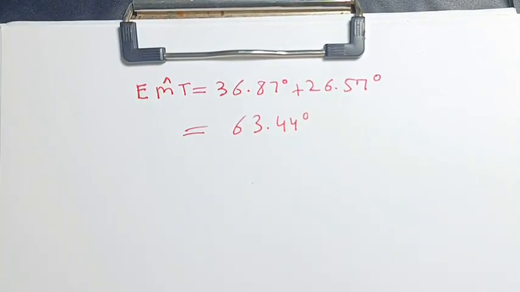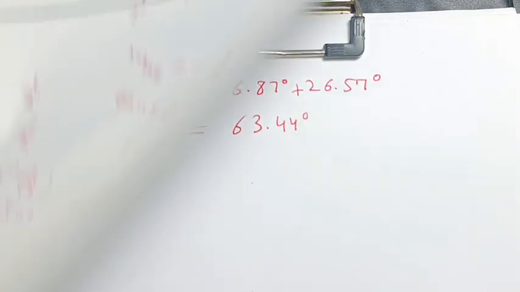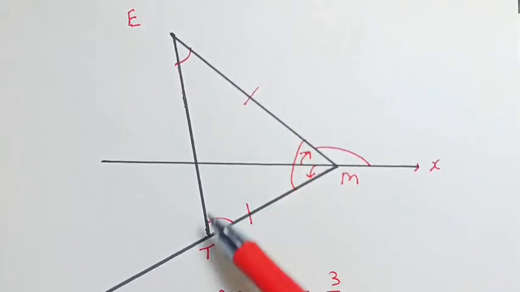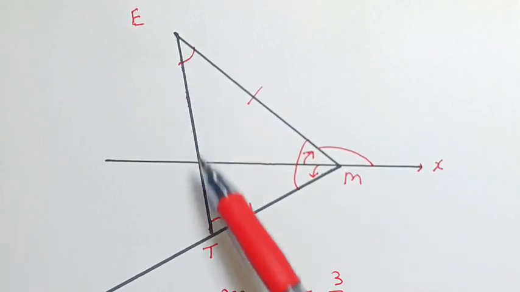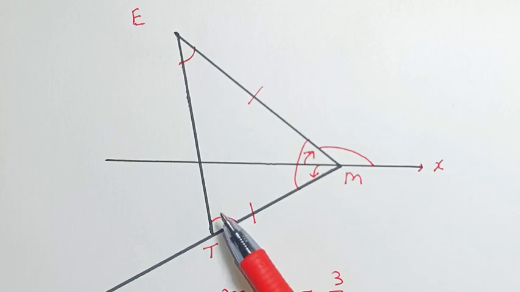Now both of these sides are equal, so both these angles are going to be equal. I'm going to use the sum of angles in a triangle.